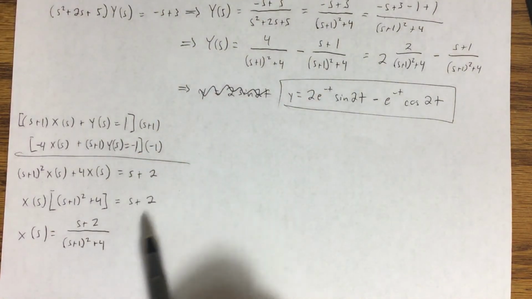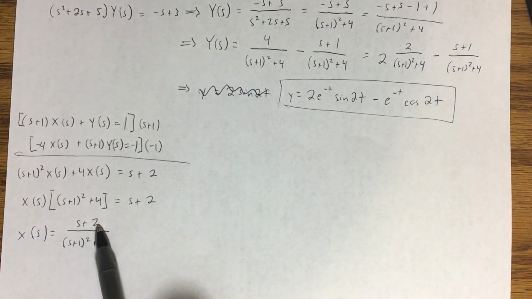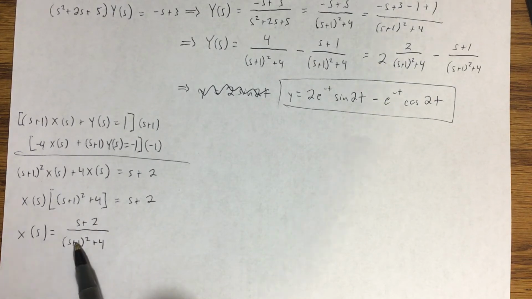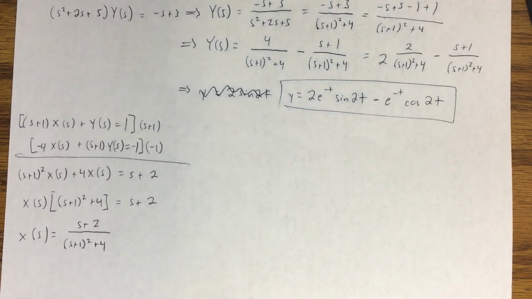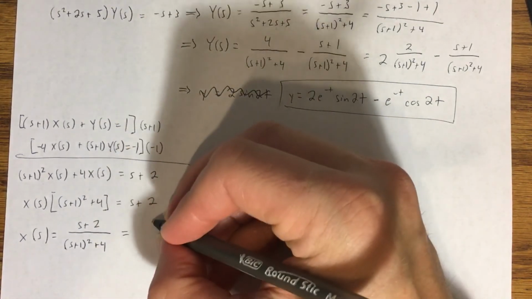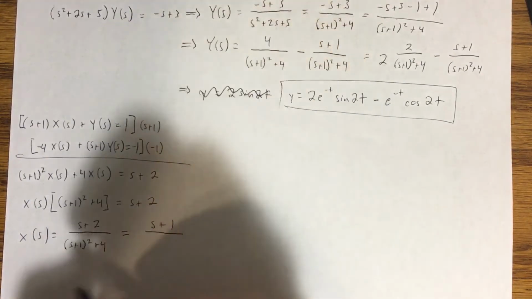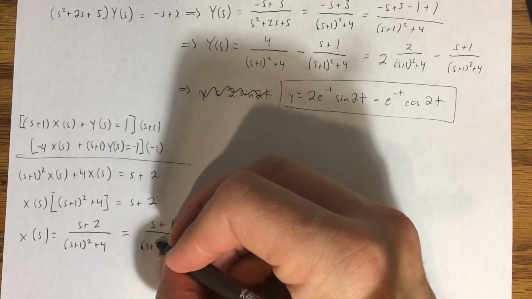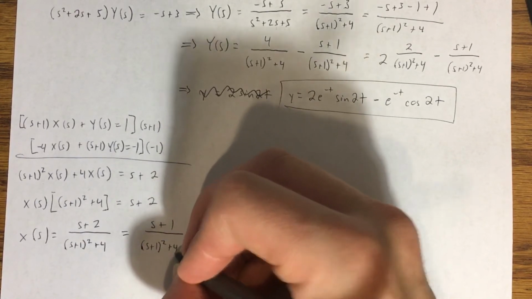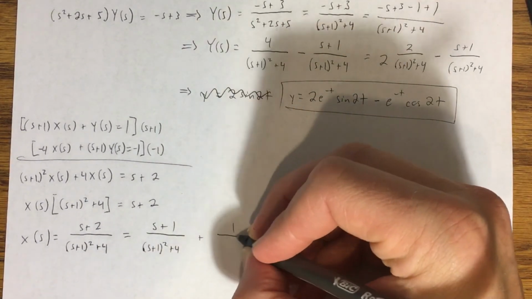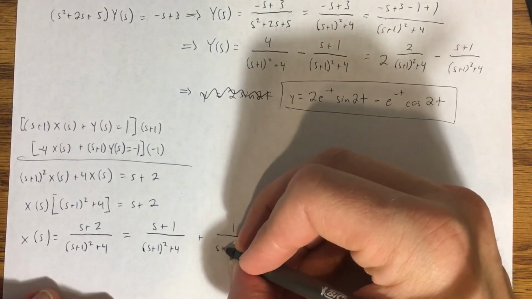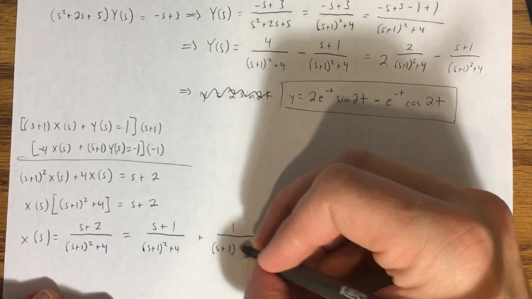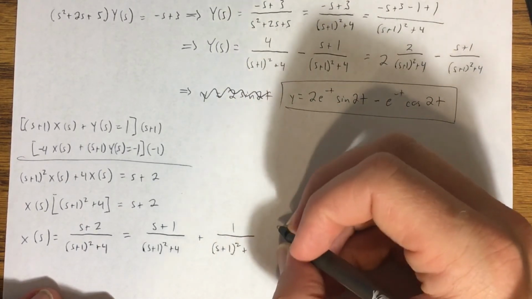And once again, we would like a numerator of s plus 1, so we can match it with this s plus 1 and use our translation property again. That's easy enough to do. If I just borrow a 1 from that 2 right there, I can write this thing this way. (s plus 1) squared plus 4.